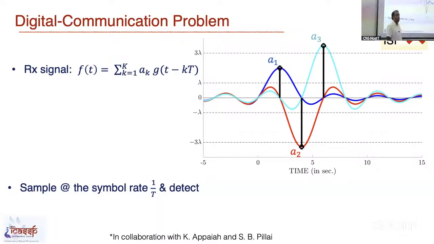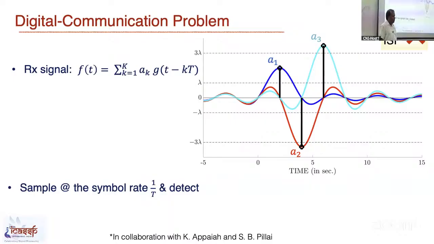At the receiver, I want to detect these symbols A1, A2, A3 and so on. So I just sample at this point and I get A1. I sample at this point, I get A2 and then A3. That's a simple detection that we do. And what is the rate at which we do symbol detection? 1 by t, because every t seconds I'm sampling. Will there be noise?